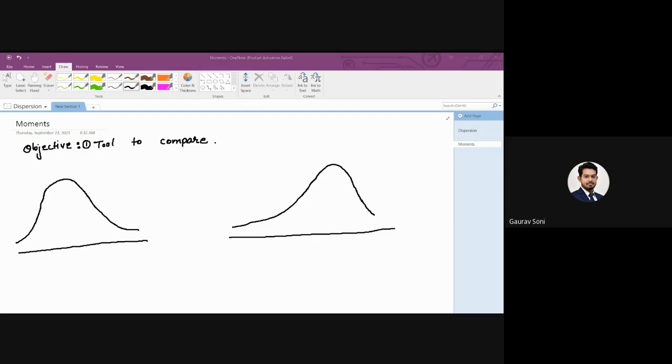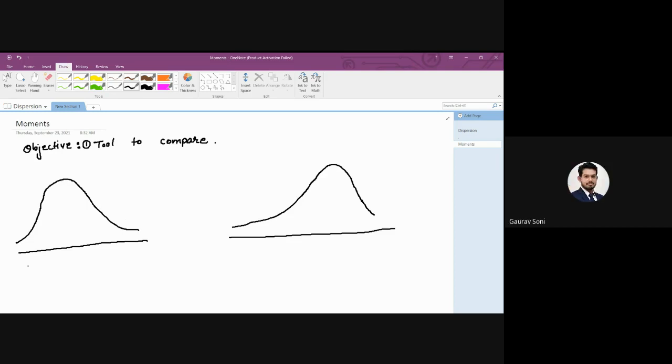Any remarks or any observation on the left hand side curve and the right hand side curve? First of all, what will be the mean for the first data? It would be around the middle value.